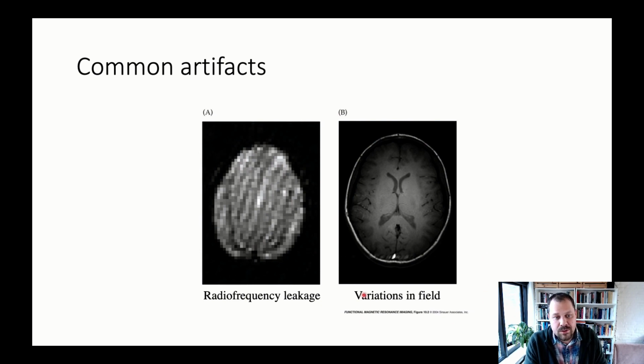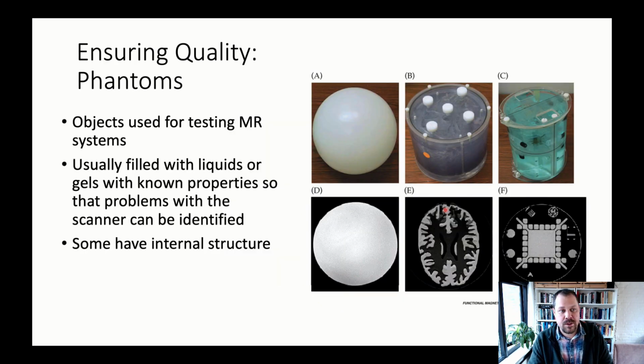And we can have variations in the fields, so these are called magnetic field inhomogeneities that we see here, where the center of the image is much brighter than the outside of the image, and that's also something we can check for. And the easiest way to check for this is by using phantoms. So every day before the scanner gets used, the fMRI or the MRI technician is going to do a bunch of quality checks on the scanner.